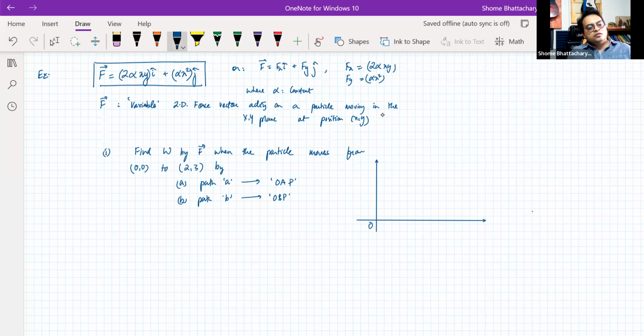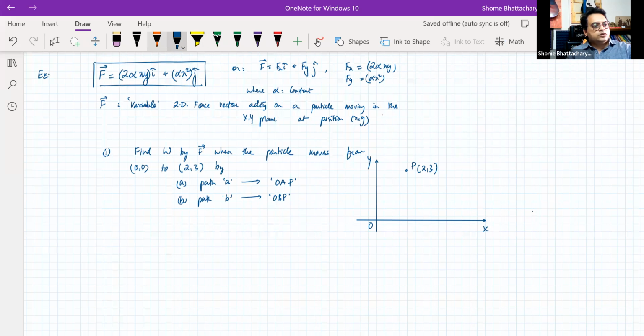Where from the origin, we are taking the particle to this point, somewhere here, let's say P, which is (2, 3). But we are taking it through two possible paths.